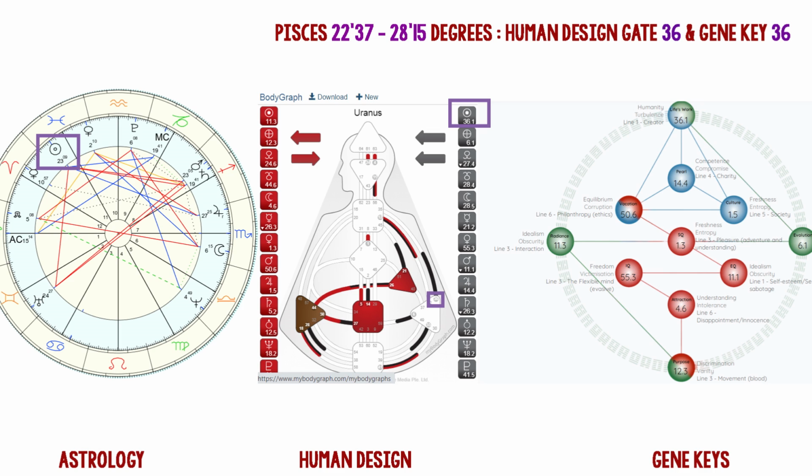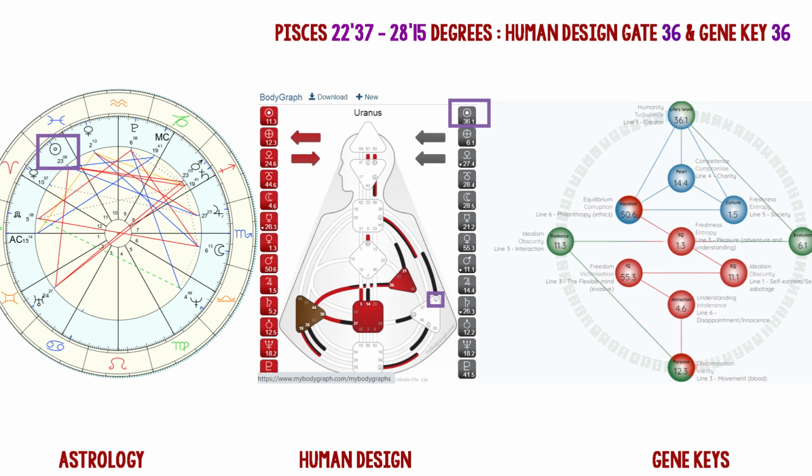With regards to the human design body graph, the sun falls under gate 36. The symbols on the left and right of the body graph show the planets and the gates they cover. In the body graph itself, if a particular gate is highlighted darker, it means you have that gate activated through a particular planet.